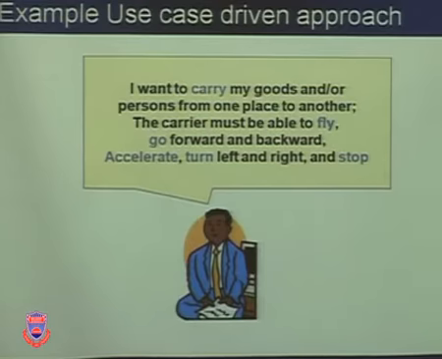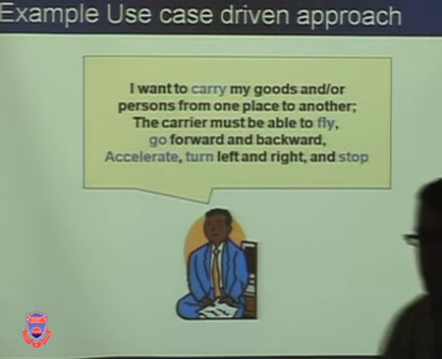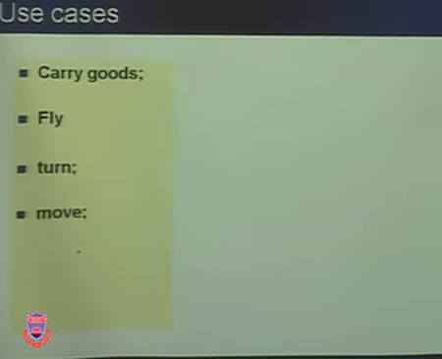Example. I want to carry my goods or persons from one place to another. The carrier must be able to fly, go forward and backward, accelerate, turn left and right, and stop. This is a kind of requirements. In the use case driven approach, we define the use cases: carry goods, fly, turn, move, accelerate, stop.